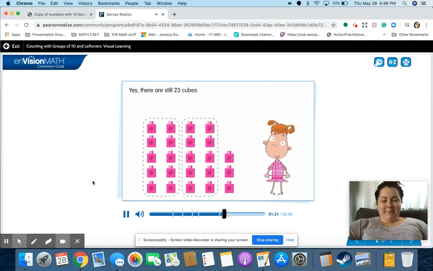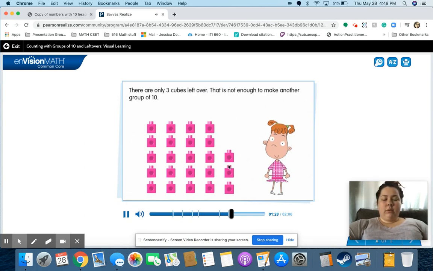Same number. Why can you not make 3 groups of 10? How come there aren't 3 groups of 10, scholars? 1, 2. There are only 3 cubes left over. Only 3. That is not enough to make another group of 10.